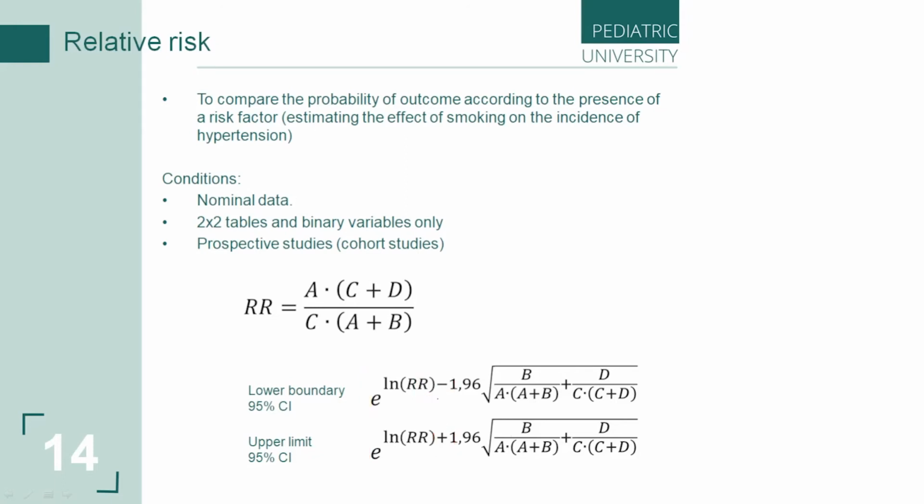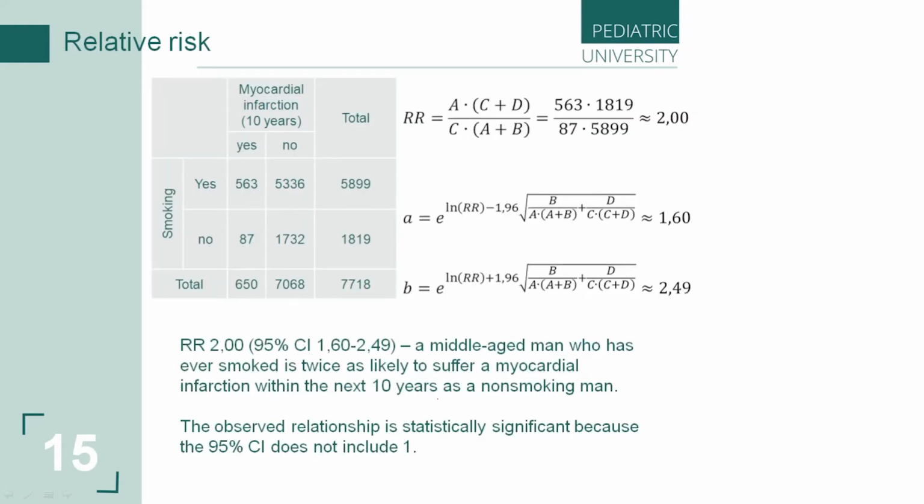So again, let's look at an example for relative risk. We are given a prospective study. The sample consists of people who smoke and people who have never smoked, watching them for 10 years to see if they developed a myocardial infarction, or heart attack, you can say.